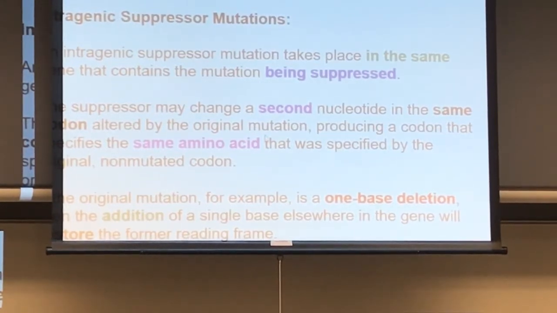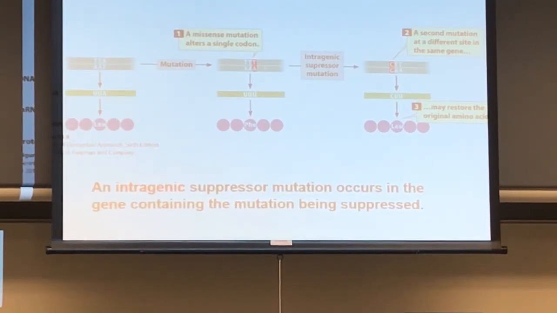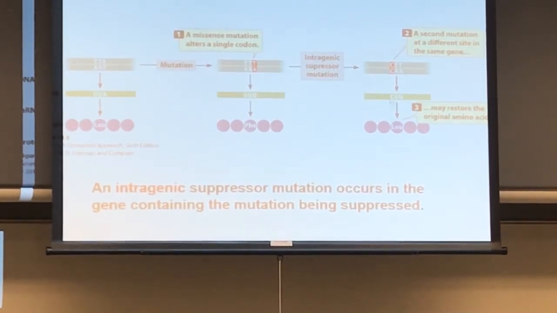Let us say, you know what, the slide is easy. Okay, look at this here. This codon codes for leucine, you know that, right? One nucleotide is changed, so the amino acid changed. Now, a second nucleotide in the same codon is changed, and now it's back to leucine. You see that? So this is referred to as intragenic.